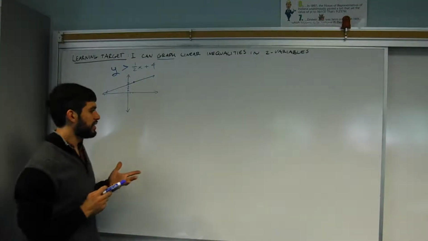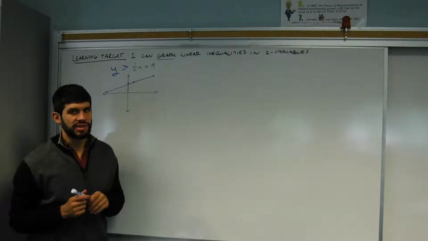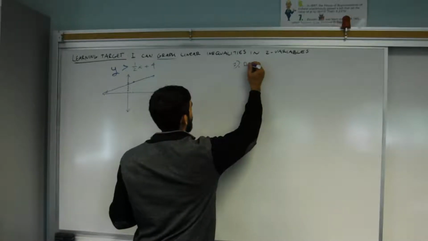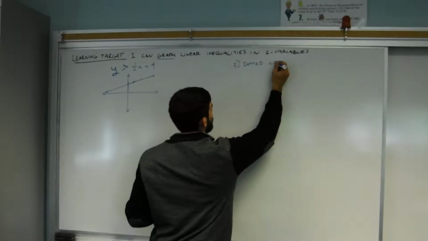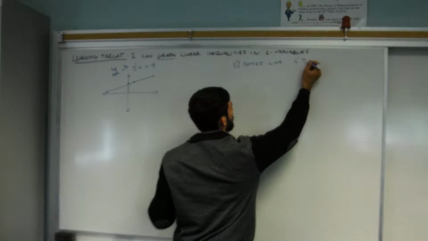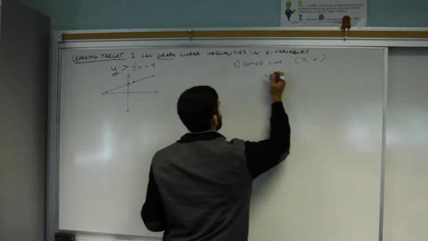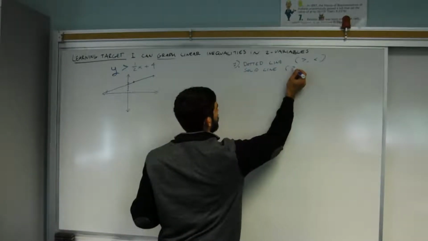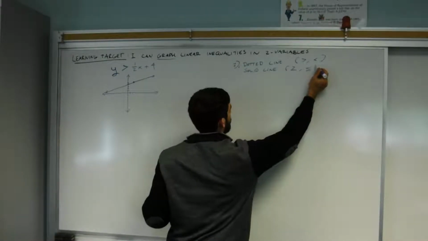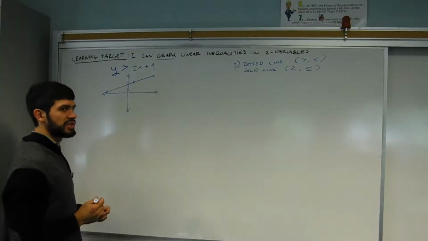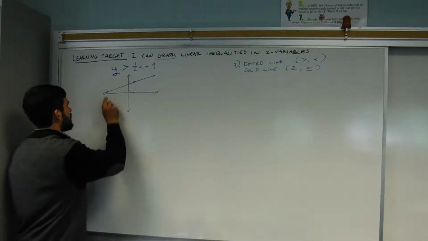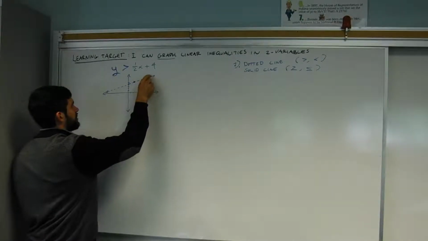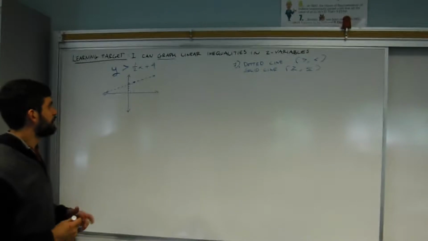But when we have inequalities, we have two things we want to consider. One would be, do we have a dotted line, which would be if we have greater than or less than, or do we have a solid line, if we have greater than or equal to or less than or equal to. You notice since this is greater than, we're going to have a dotted line. Luckily on the whiteboard it's really easy to turn solid lines into dotted.